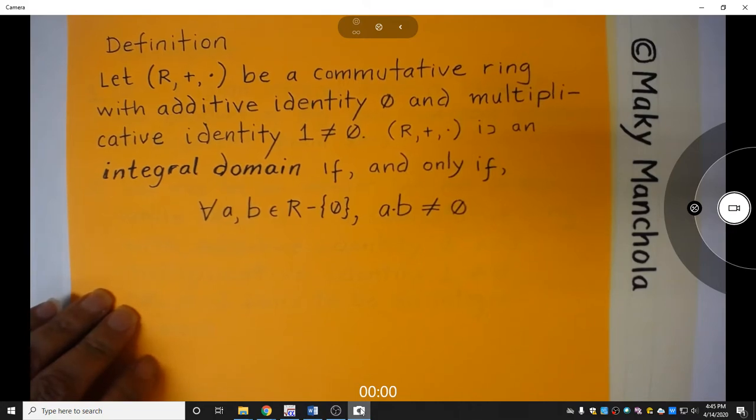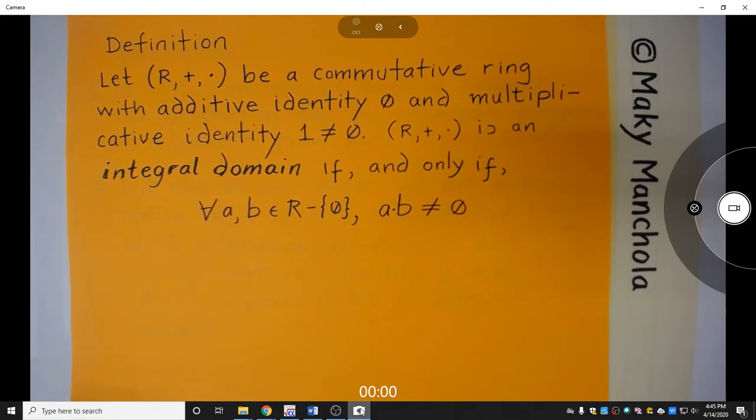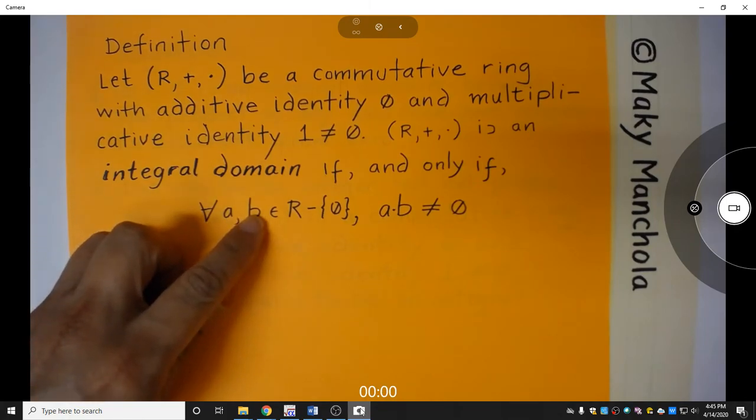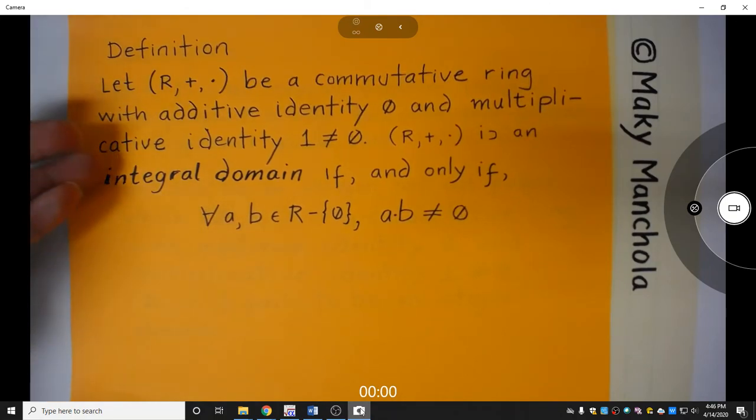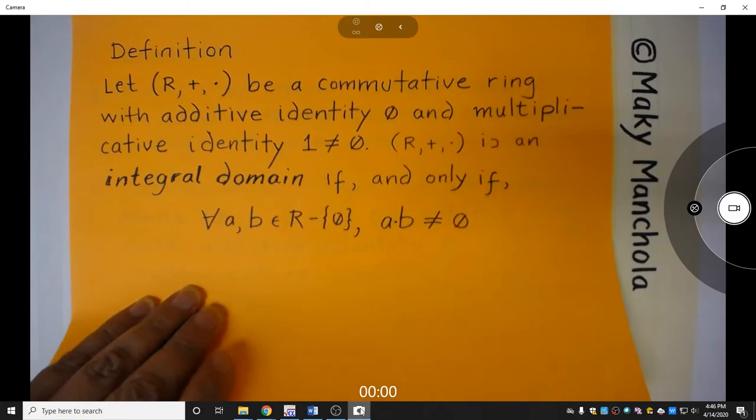So you would need a commutative ring with multiplicative identity different than the additive identity, with the property that when you take any 2 non-zero elements within the ring, their product is different than 0. So that makes that structure an integral domain.